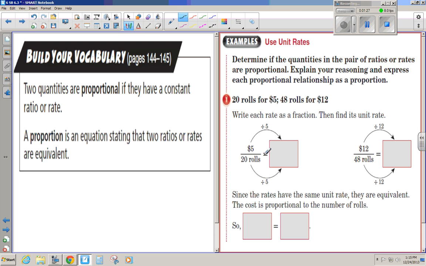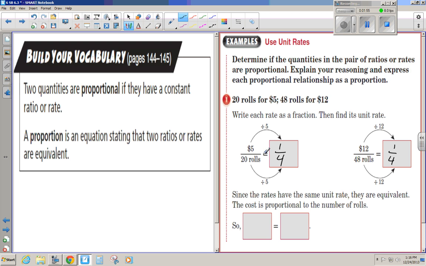And when you divide by 5, you get 1/4. Here, divide by 12, and you get 1/4. Since the rates have the same unit rate, they are equivalent. The cost is proportional to the number of rolls.